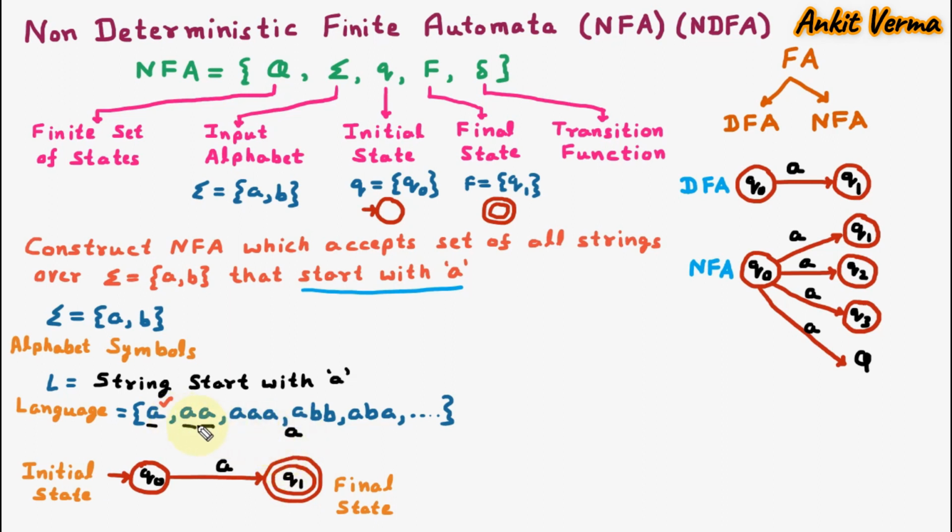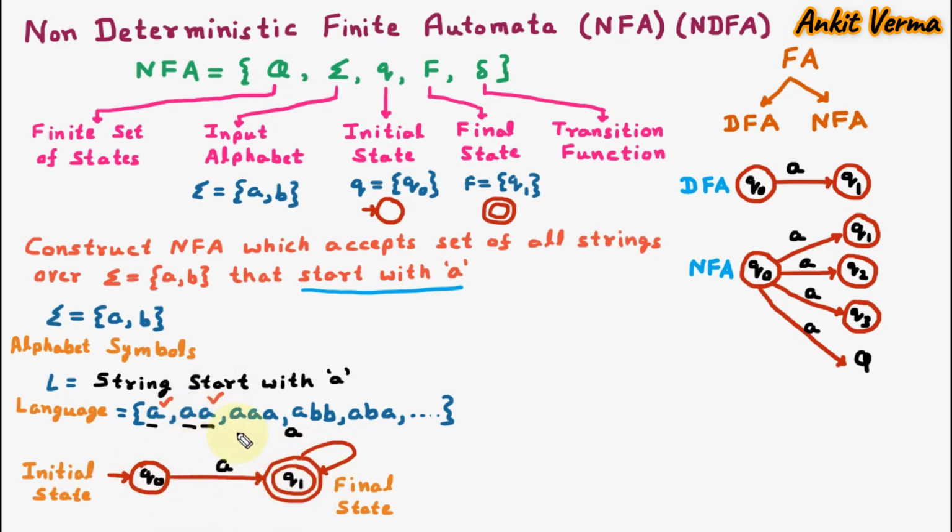These two A's are also part of the language, so they should be accepted by the NFA, meaning after scanning the complete string we should be on the final state. So for the next A we should come back to the final state Q1. So for the first A, Q0 to Q1, and for the next A, coming back to Q1, we are on the final state. So 2 times A is also accepted by the NFA.